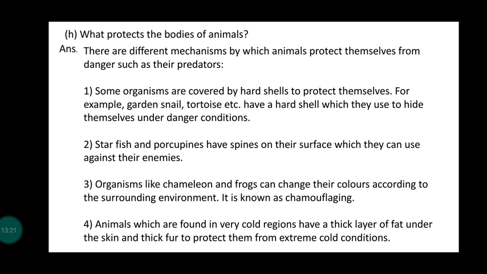The eighth one, what protects the bodies of animals?